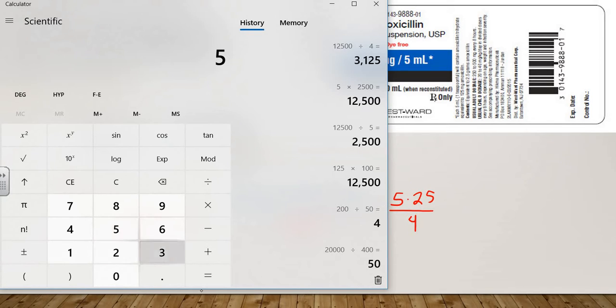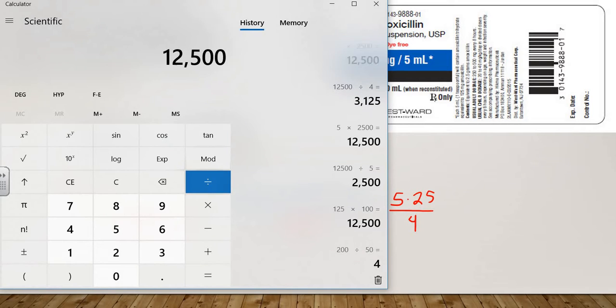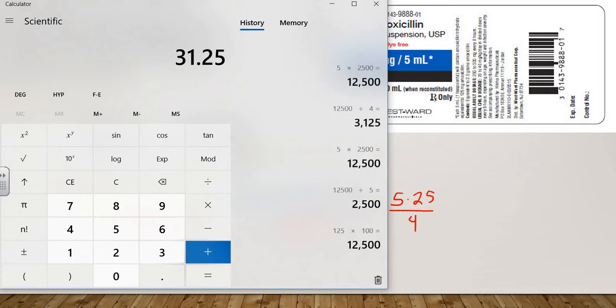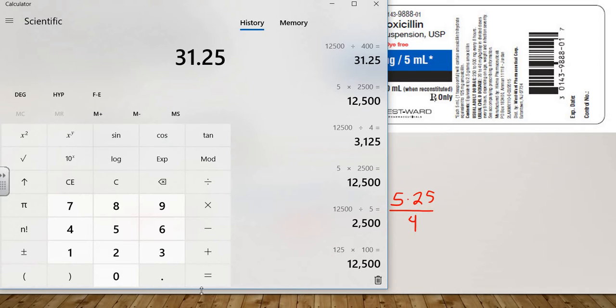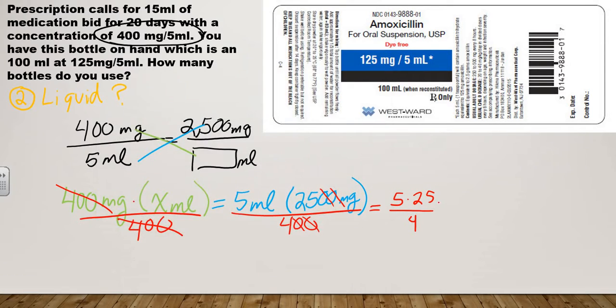That was 5 times 2,500 divided by 400. There it is, 31.25. Or, here's the short version, 5 times 25 divided by 4, 31.25. You get the same answer.